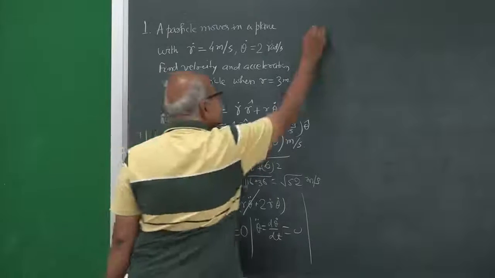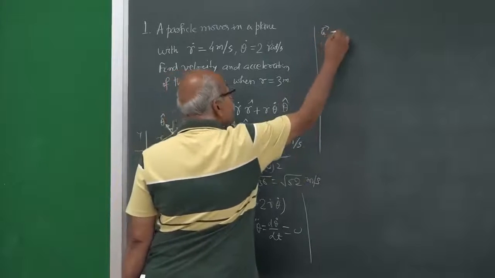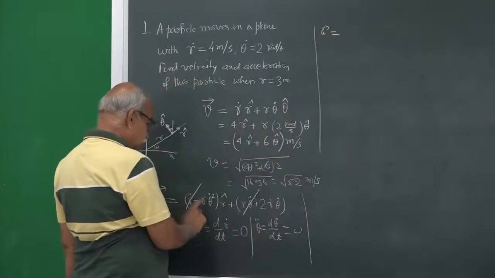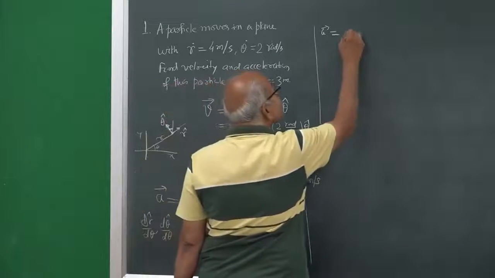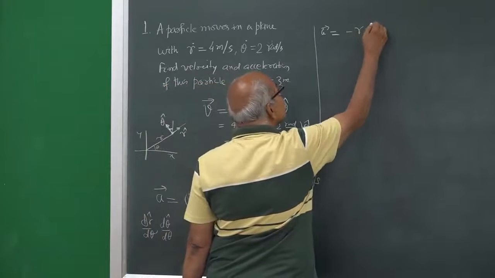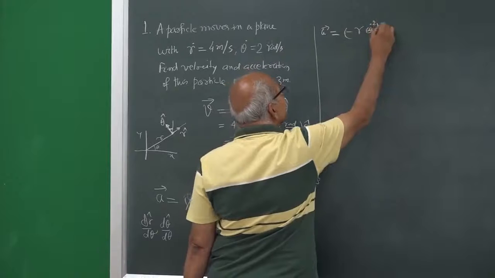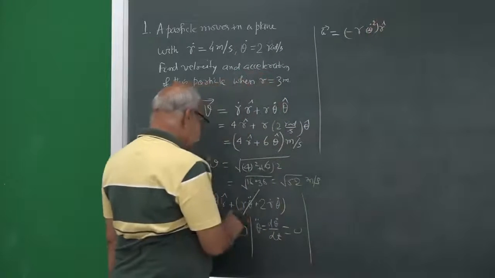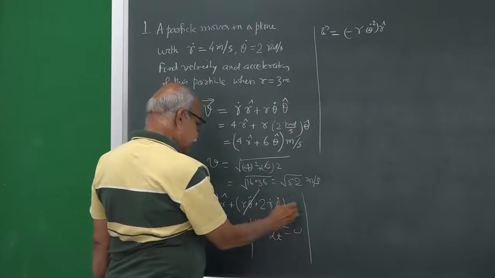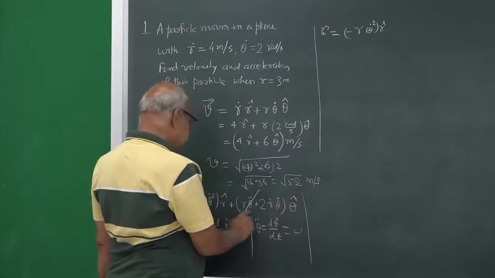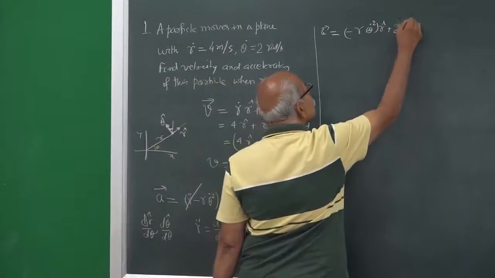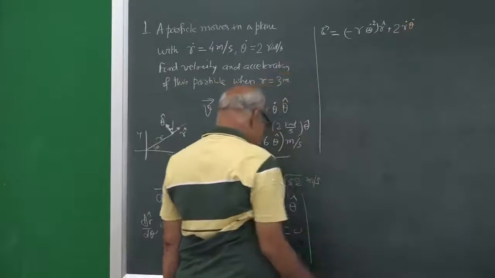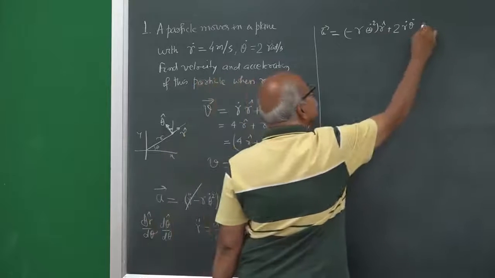So, a is equal to minus r theta dot square in r cap direction, and in theta cap direction, plus 2 r dot theta dot.